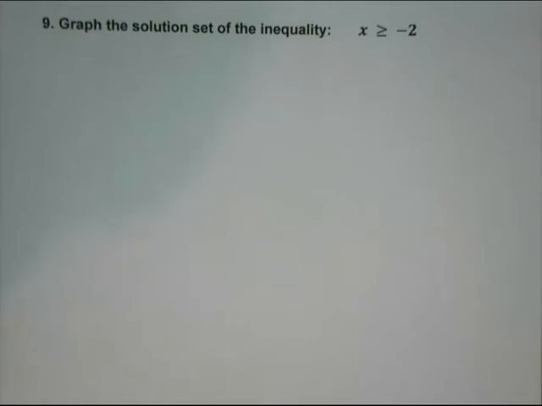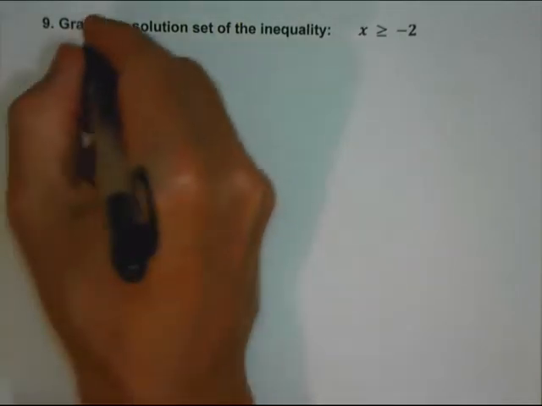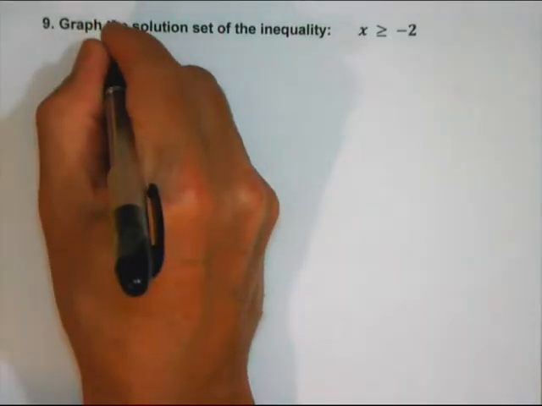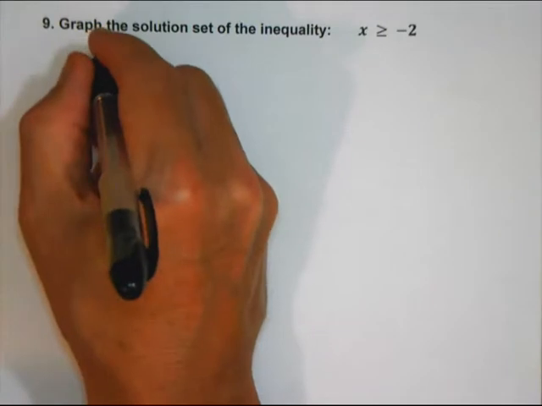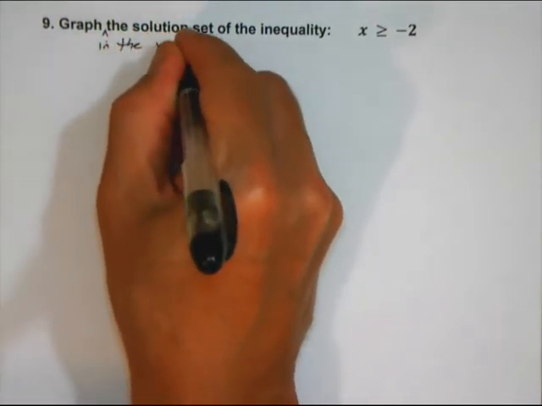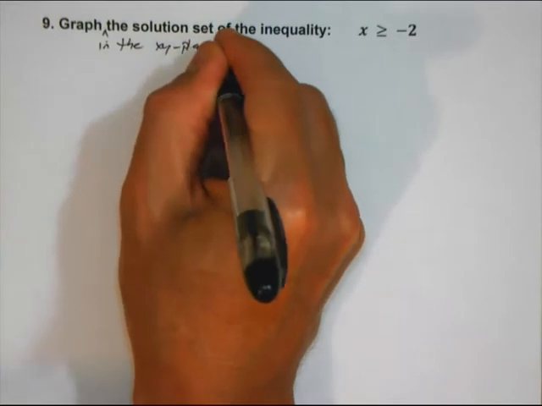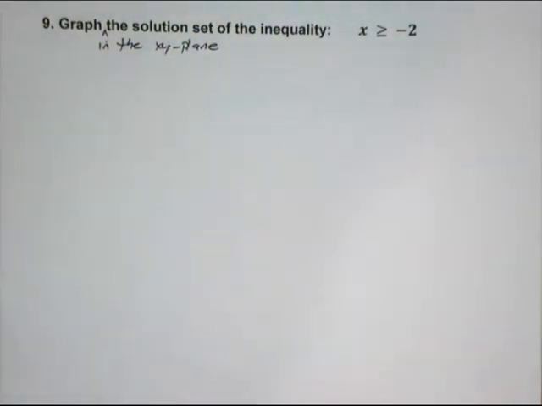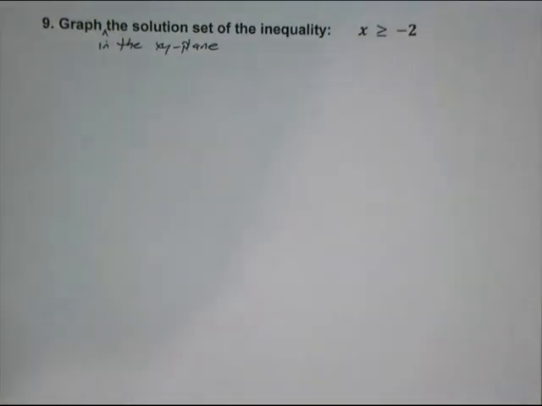If that wasn't the case, a question like this out of context would have to be clarified a little bit, and you might see a little additional phrase, in the xy plane, put in the question if it's intended to be a two-dimensional graph like we are doing here.